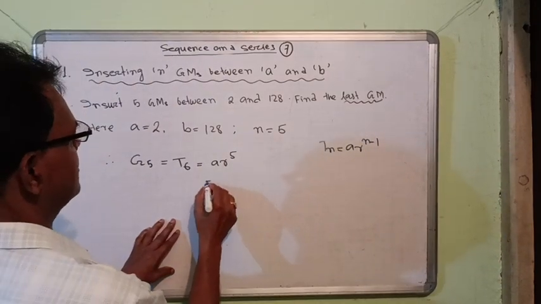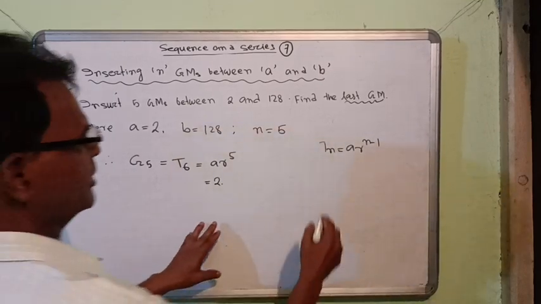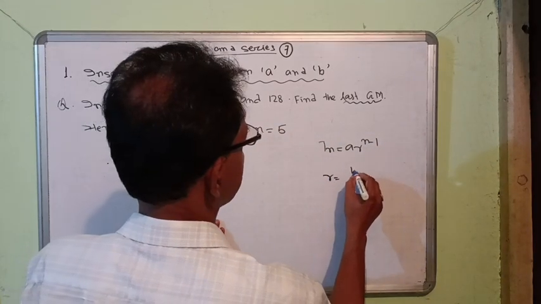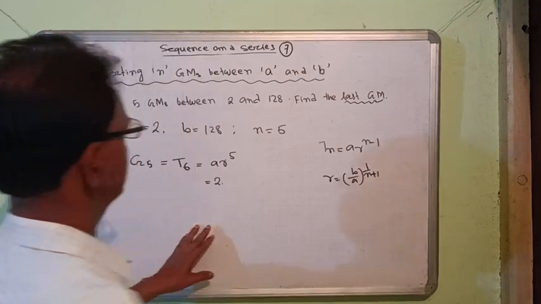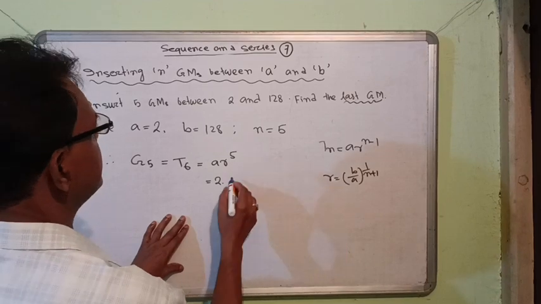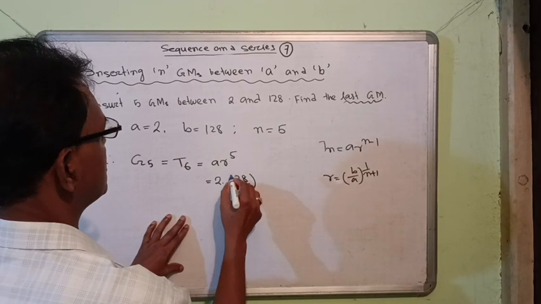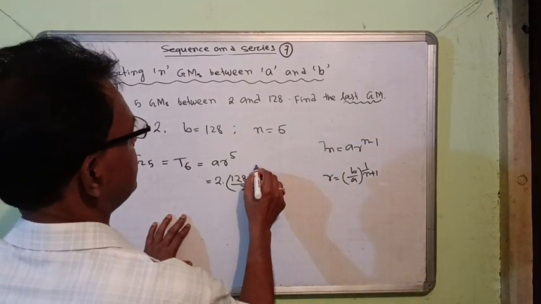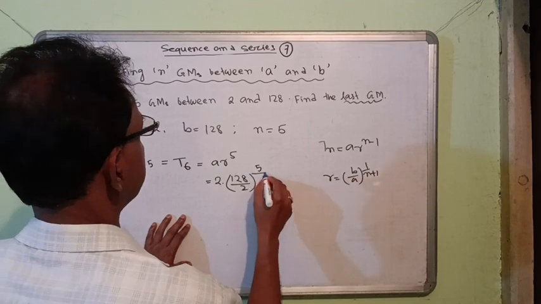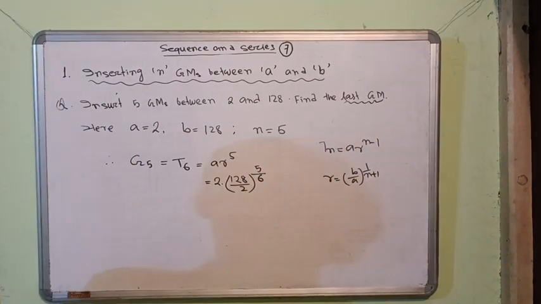Here A equals 2, and R equals (B by A) whole to the power 1 by n plus 1. Therefore R equals (128 by 2) whole to the power 1 by 6, since 5 plus 1 is 6.